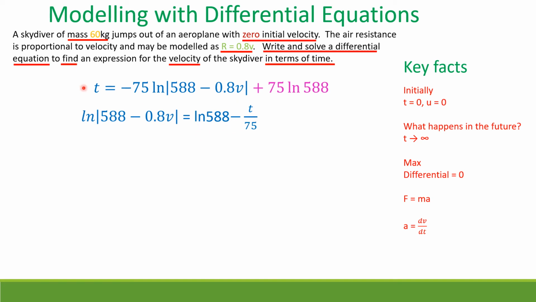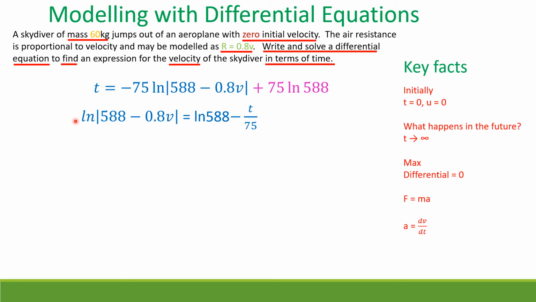And the t that I've taken to the right hand side, so take away t from both sides, is also divided by 75. So I've done 3 things at once: I've added 75 ln of 588 minus 0.8v, I've subtracted t, and then I've divided everything by 75. So there are 3 things I've done in order to get to this line here.